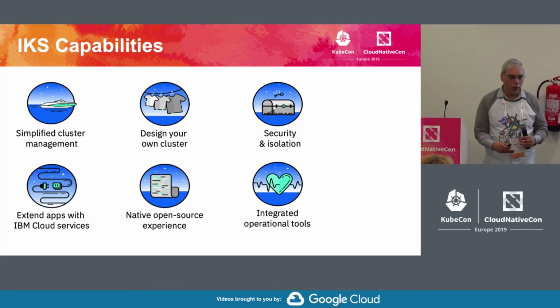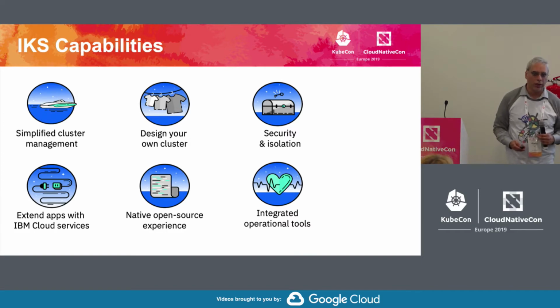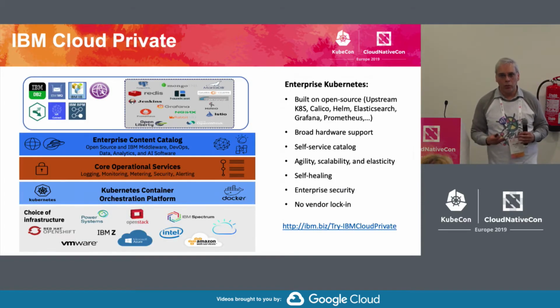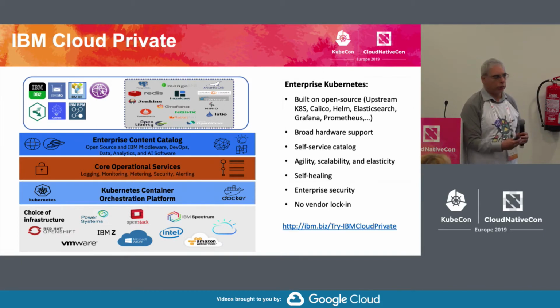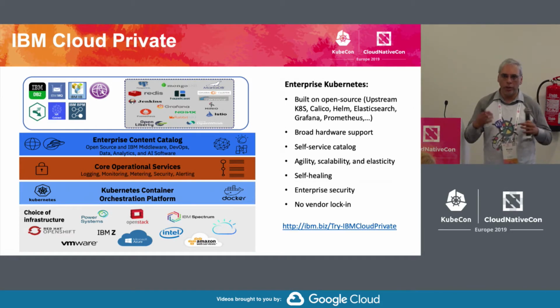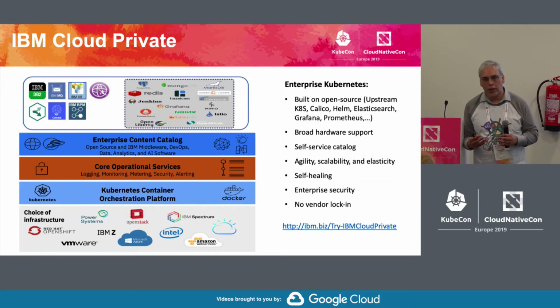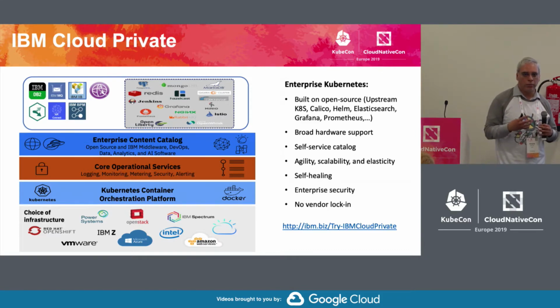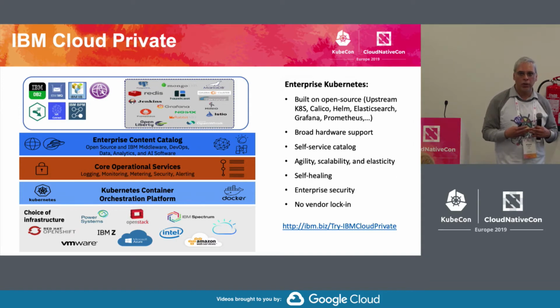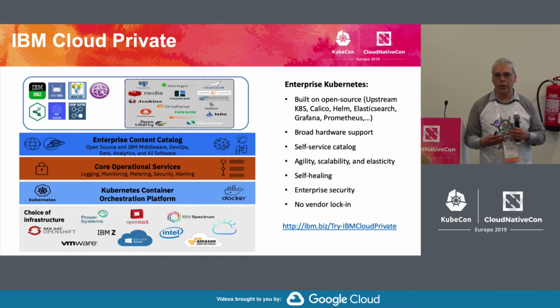And then on the private cloud side, we're taking the same upstream Kubernetes, packaging that together with a bunch of other management tools that you need, like logging, monitoring, security, alerting, etc., all based on CNCF projects, and providing that to clients that want an on-premise Kubernetes environment that they can manage themselves.